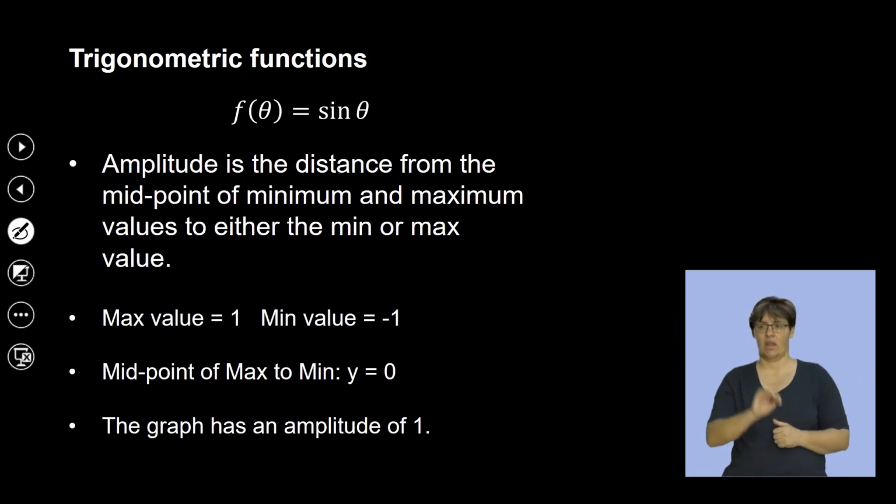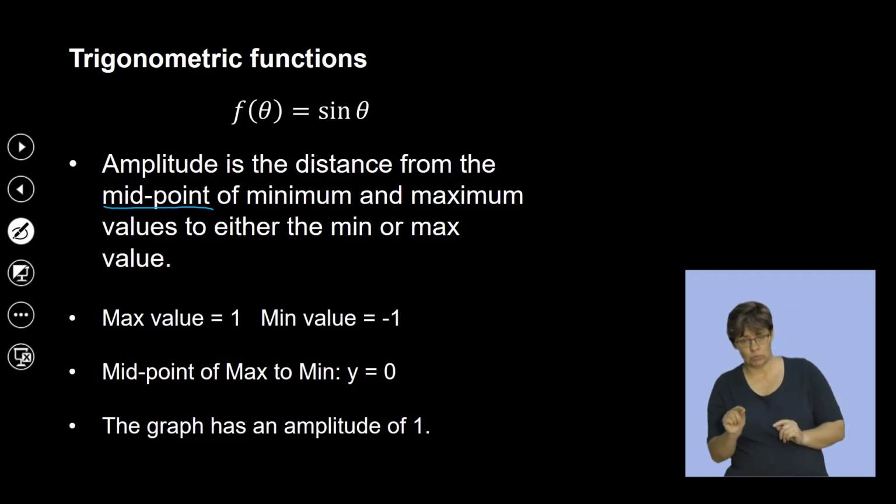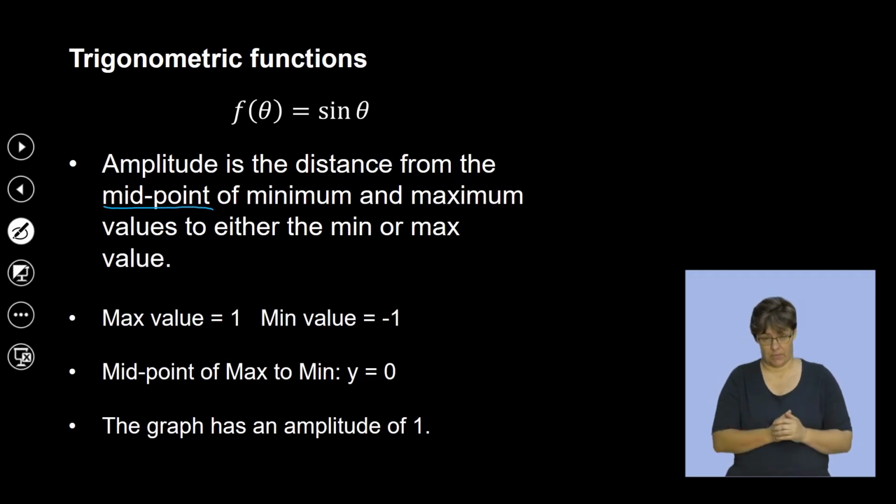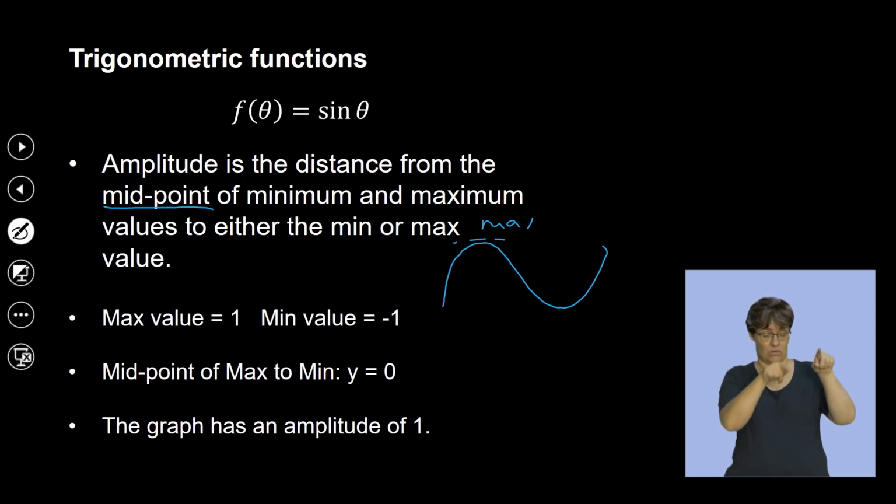The amplitude is the distance from the midpoint, right, of the minimum and the maximum values to either the minimum or the maximum value. Now, I know this might be a bit confusing, but let's talk about this, right? This is my maximum value here. This is my minimum value here.